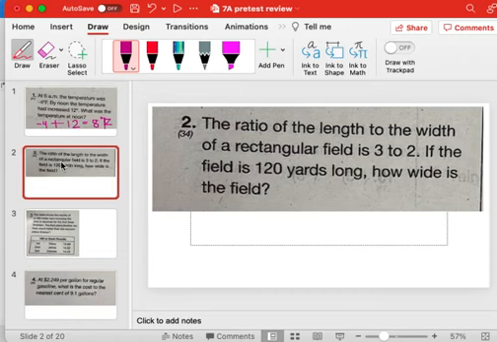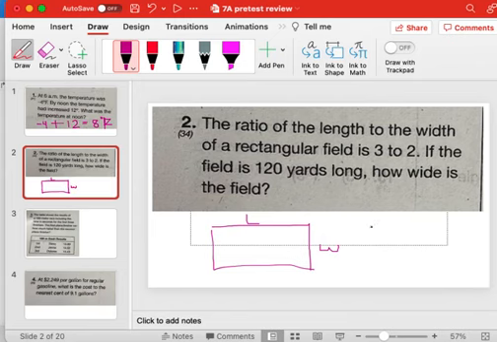Okay, the ratio of the length to the width of a rectangular field is 3 to 2. Now, a lot of you had trouble with this, so let's look at this. Okay, so here's the length, and here's the width. The ratio length to width is 3 to 2.